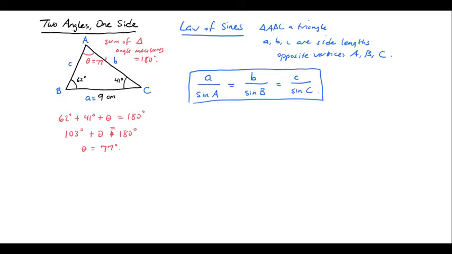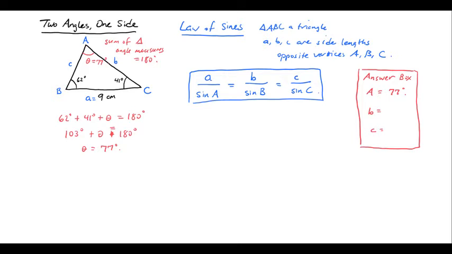We've already found the measure of angle A. In the answer box, I'm going to put that the measure of angle A is 77 degrees. Remember, I use the capital letter A both to represent a vertex and the measure of the angle at that vertex. So we want to find the length of side b and the length of side c. I'll just put those for safekeeping.